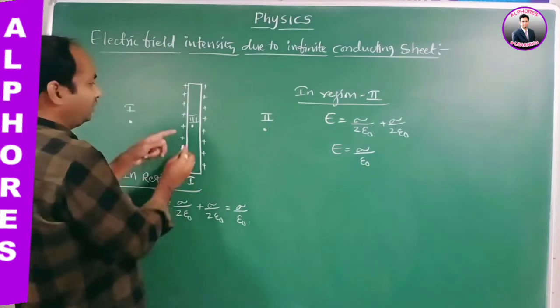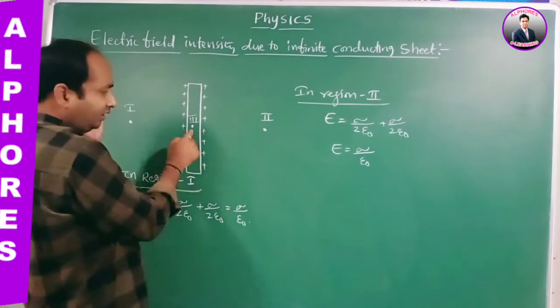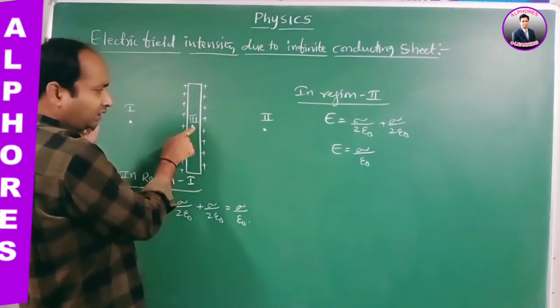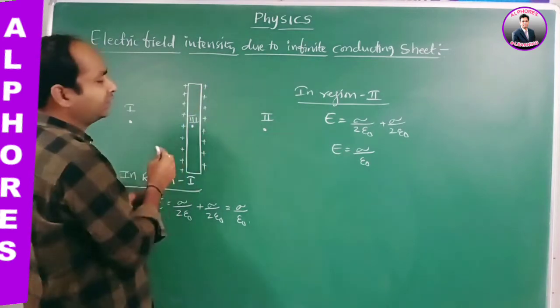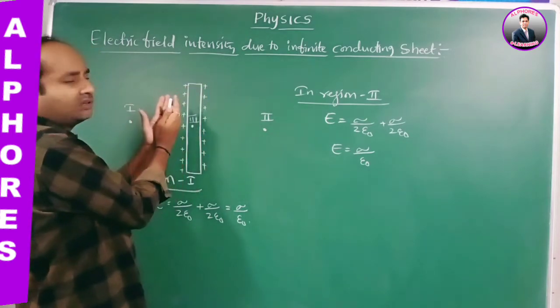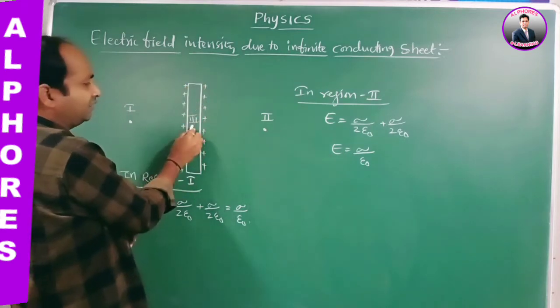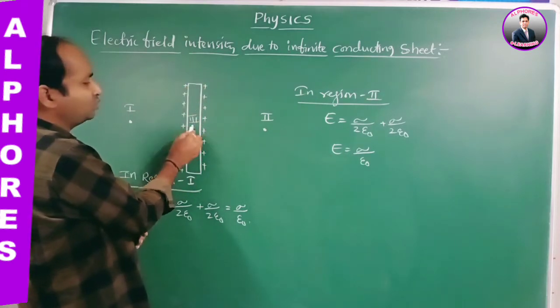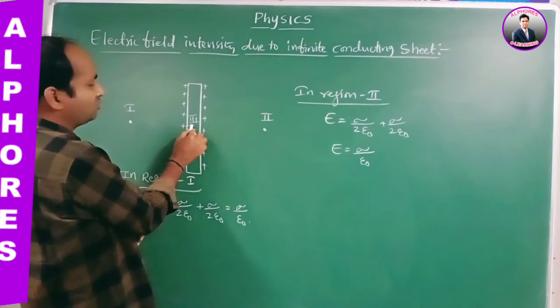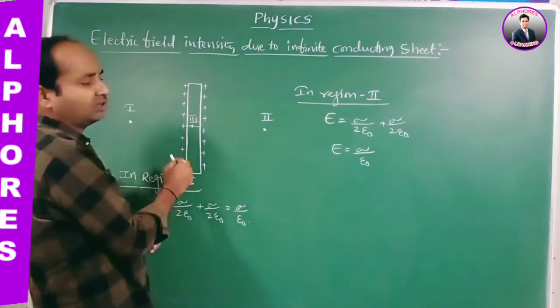Between non-conducting and conducting: non-conducting means the charge is uniformly distributed along its plane. But this is a conducting sheet, and we are calculating between these two. This is a positive charge outwards, this is a positive charge outwards.